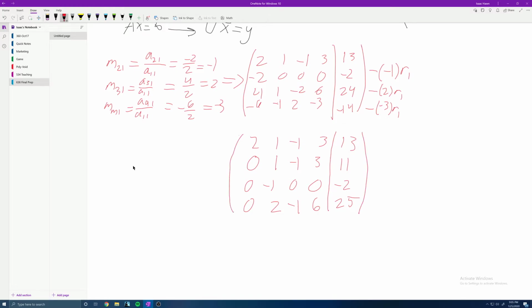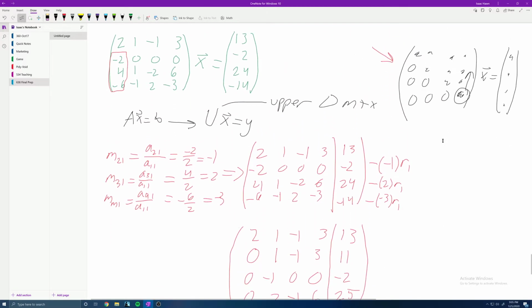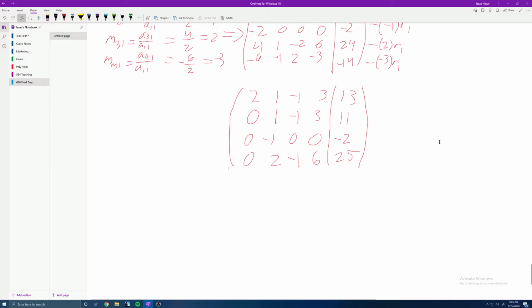All right, cool. We're getting close, right? Remember, the goal is to get to an upper triangular matrix like this one up here. So let's calculate our multiples for this one here. Notice that as we get further down this matrix, we have one less step to do work-wise.